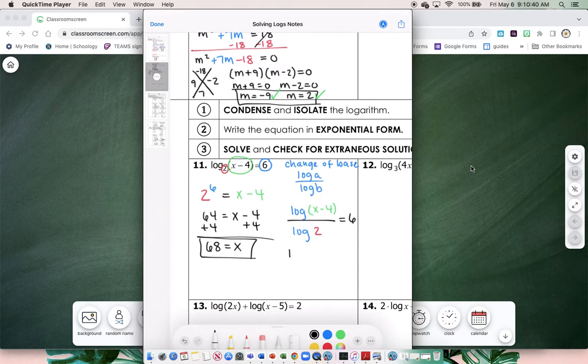So let me put x, which is 68, in blue, minus 4 over log of 2. Is that equal to 6? So put that in the calculator. Remember, log without a base is base 10. That's what your calculators are programmed to do. And look, I got 6. Did you get 6? So 6 is equal to 6, therefore this is a solution.